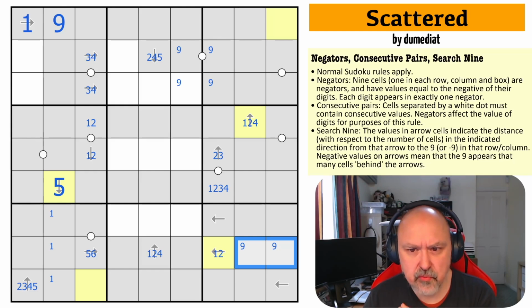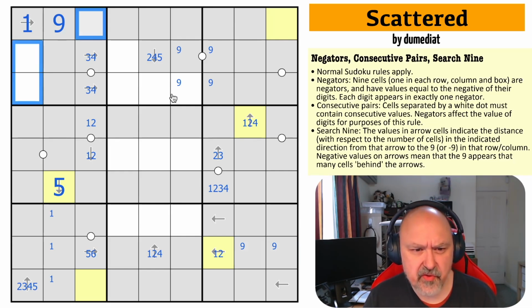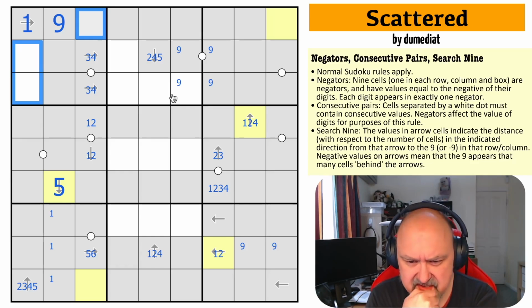That's an important rule that I did not glom onto earlier. Five in this box is in one of those. Each digit appears in exactly one negator. There's something going on.